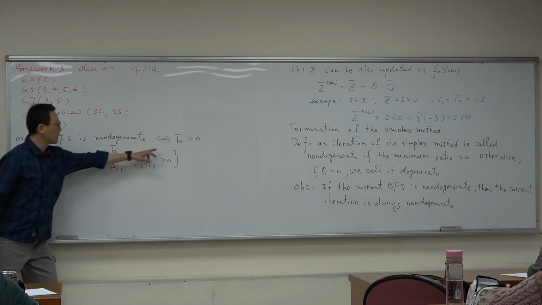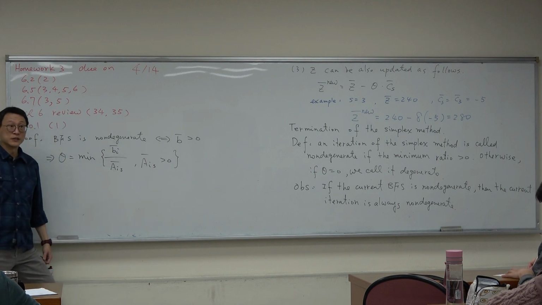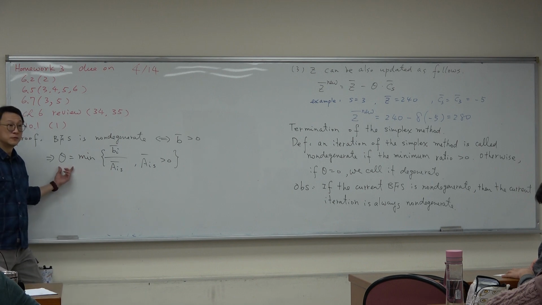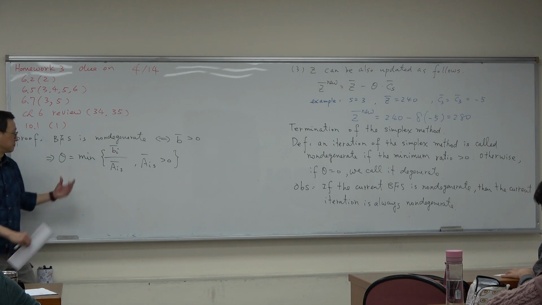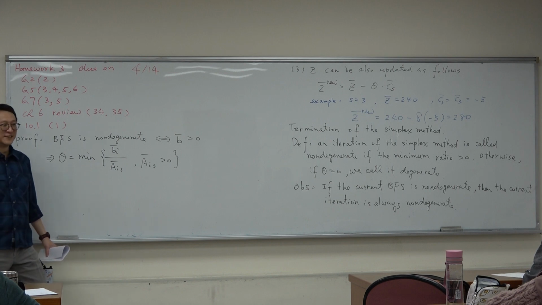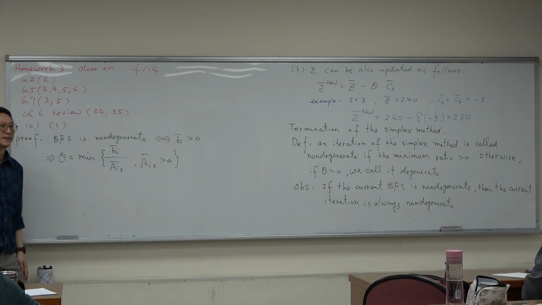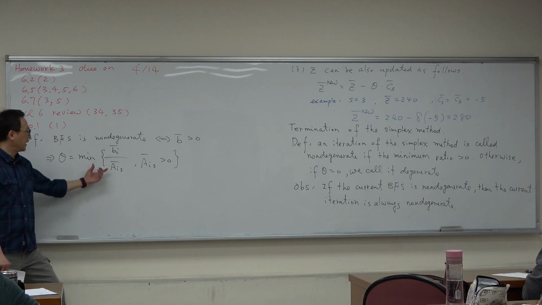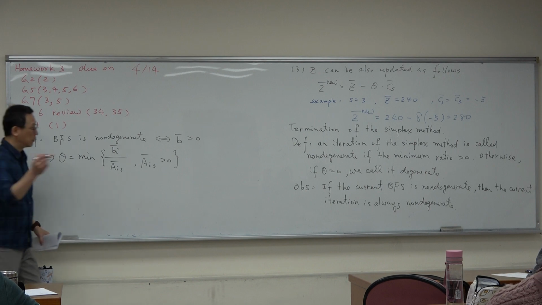If our right hand side is always greater than 0, and when we do the ratio test we only choose the coefficients greater than 0, then the minimum ratio will be, is it possible to equal 0? No. Your B bar is always greater than 0, and you divide by something greater than 0, so the ratio is always greater than 0.